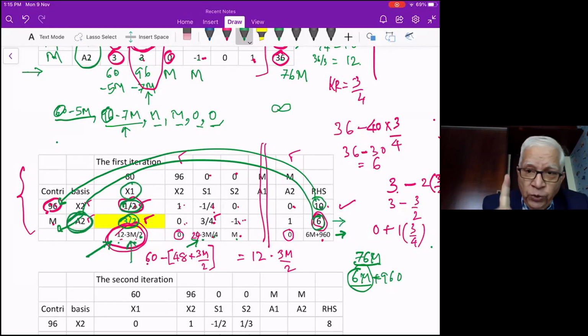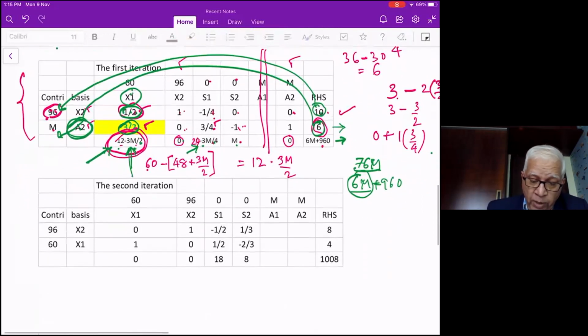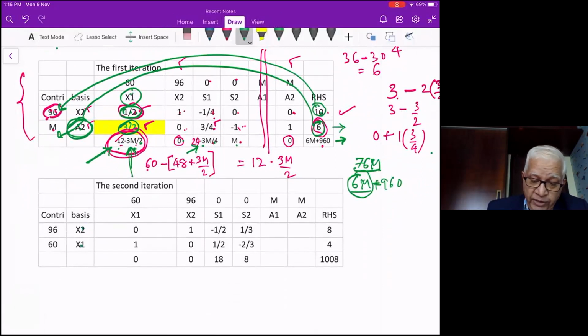So A2 goes out and X1 comes in. This is the incoming column. What will be the new basis? The new basis will be X2 and X1. So what has gone out? A2 has gone out, so the A2 column can also be dropped.